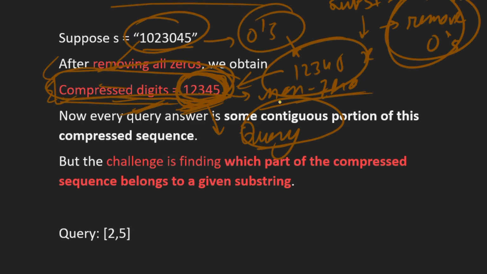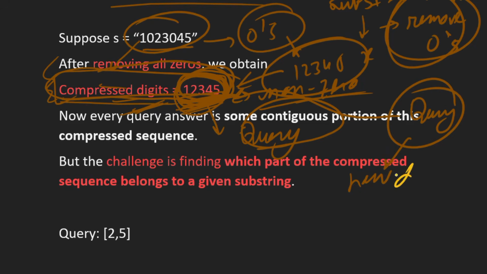And whatever query we solve, the answer of that query will be a continuous part of this sequence. But how do we know which part of the compressed digits will make the answer of that query, because we do not know how many zeros we have removed in between the digits.